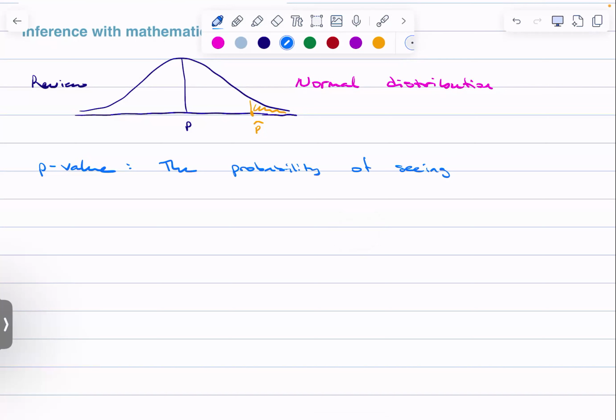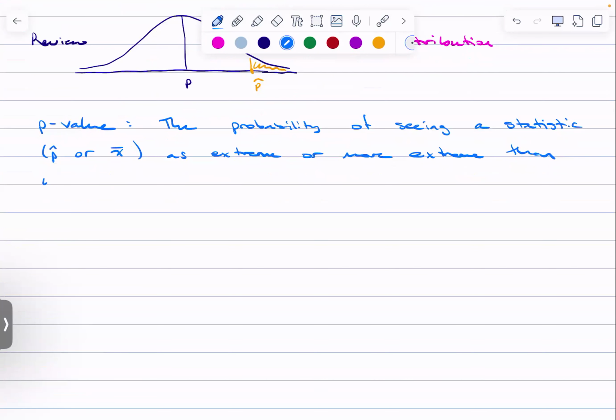of seeing a statistic, generically, something like a p hat or a sample mean x bar, as extreme or more extreme than what we saw in our sample, assuming the null hypothesis is true.